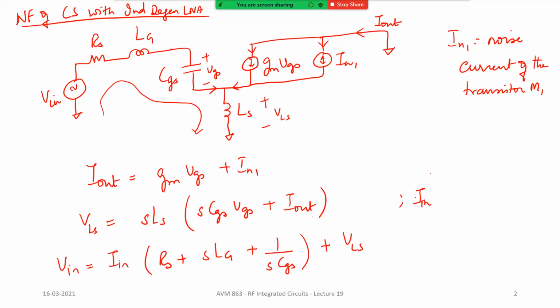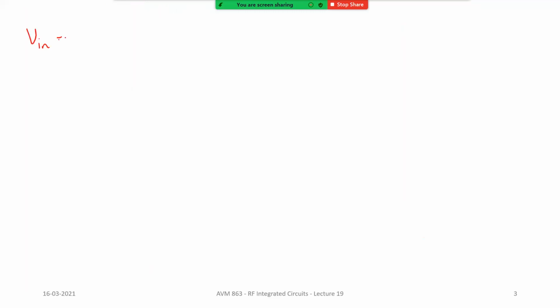In can be written as S times Cgs into VGS. Okay. So substitute it here, and if you combine the terms, what will you get? So let's say Vn can be written as S times Cgs VGS into Rs plus S times Lg, plus VGS.